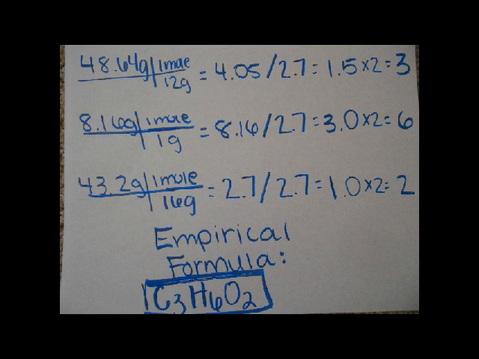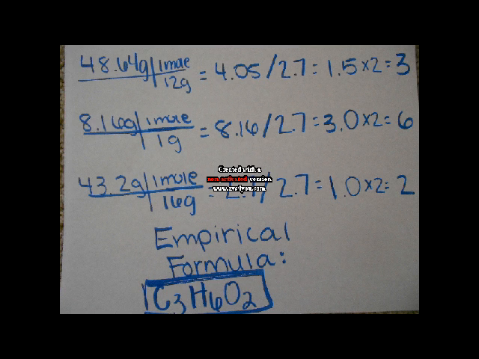So I took the previous information and set it up: 48.64 divided by 12 gives me 4.05, 8.16 divided by 1 gives me 8.16, and 43.2 divided by 16 gives me 2.7. Now 2.7 is my smallest number, so I'm going to divide all three numbers by 2.7.